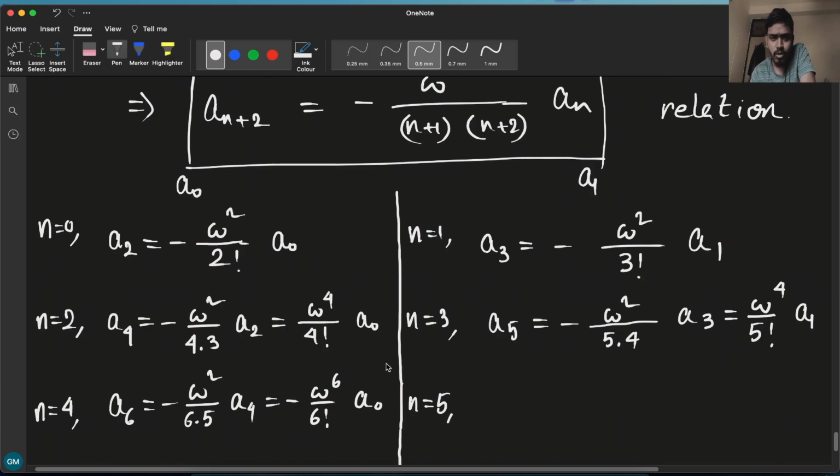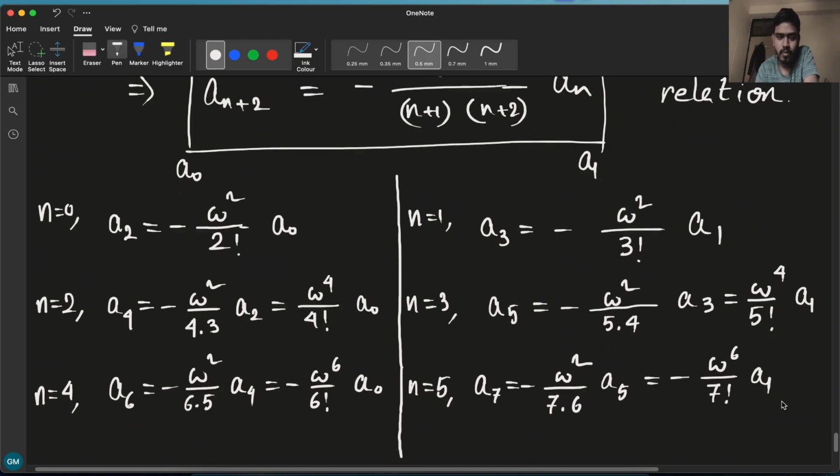Okay, so for n equals 5, it will be a7 equals minus omega square, it's 7 times 6, times a5, equals minus omega to the power 6 divided by 7 factorial times a1.